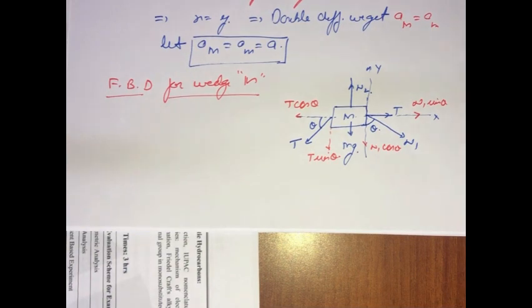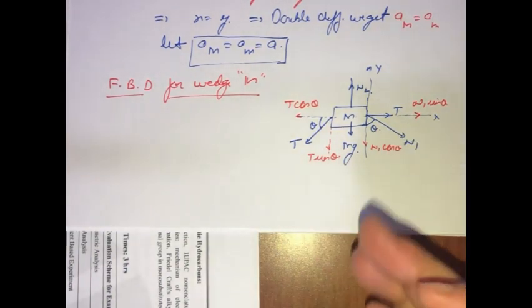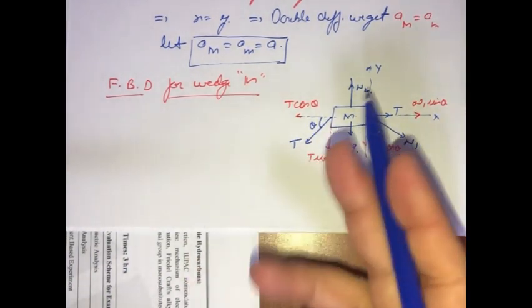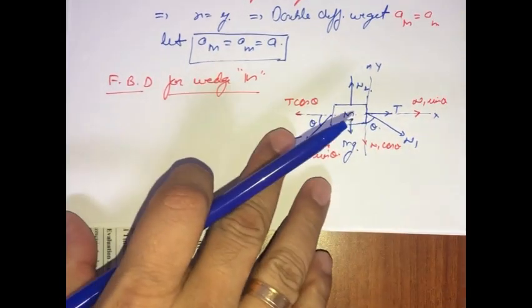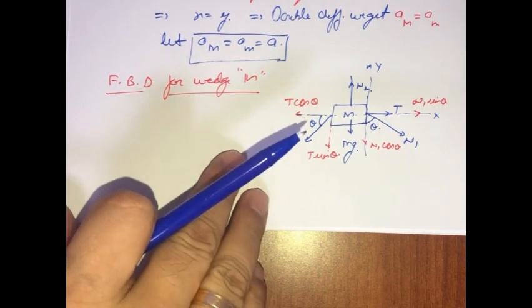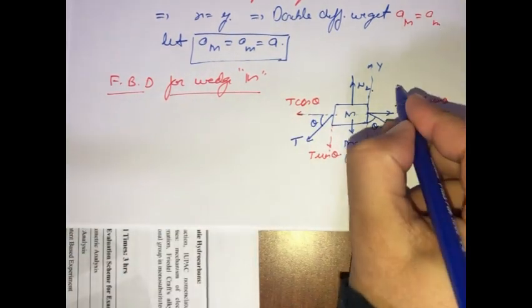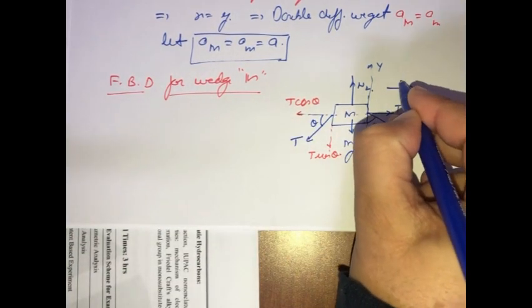Next, as the motion is only in the x direction, we are going to ignore all the vertical components and solve only the horizontal one. Okay, and we just said that this will be moving in this direction with the acceleration of a.